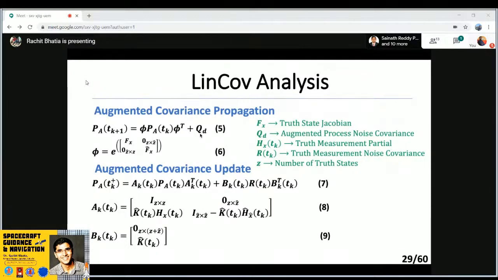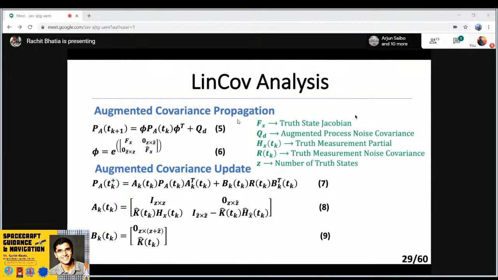We did observability analysis to get some understanding of whether the concept will work, and now we are doing linear covariance analysis to know the system is working, but at what cost? What are the specifications needed to make the system work or to get a better answer? That is the idea here.